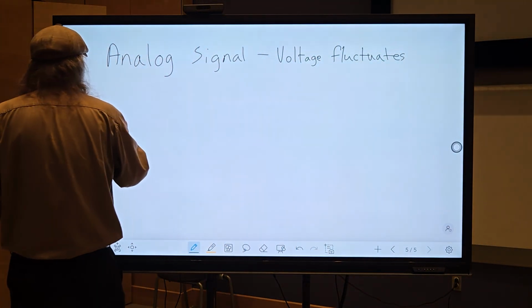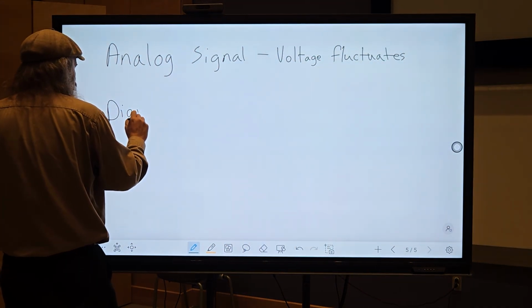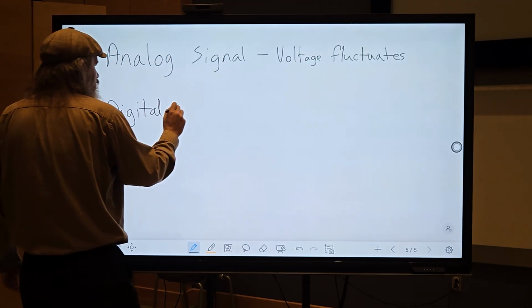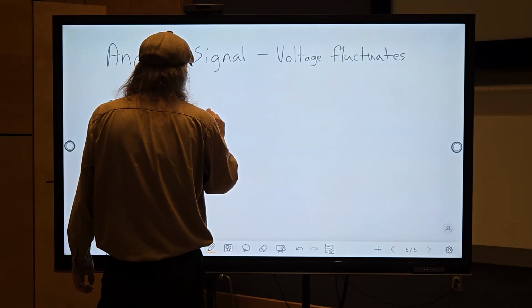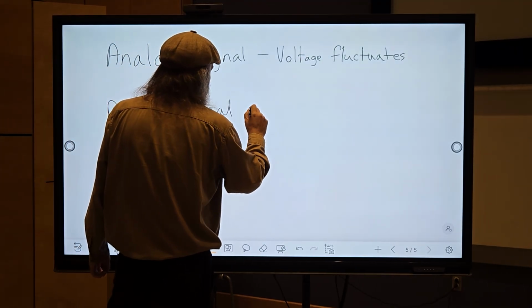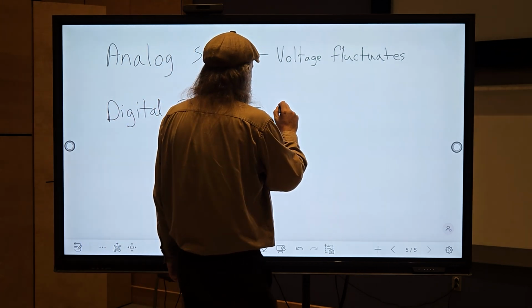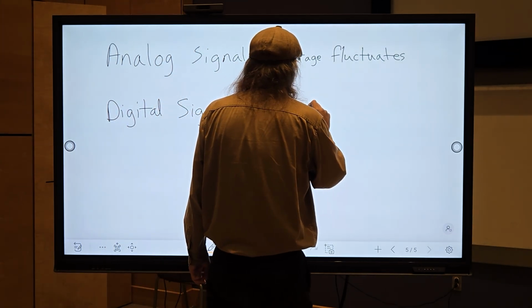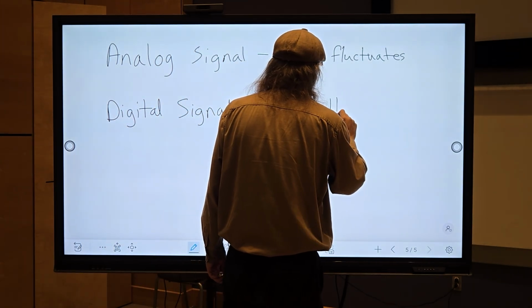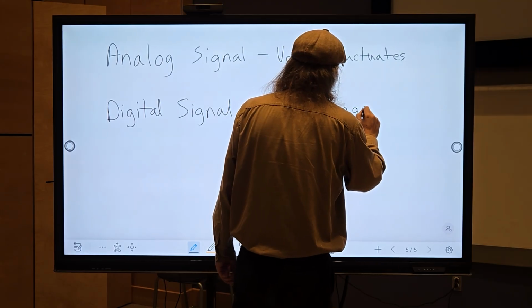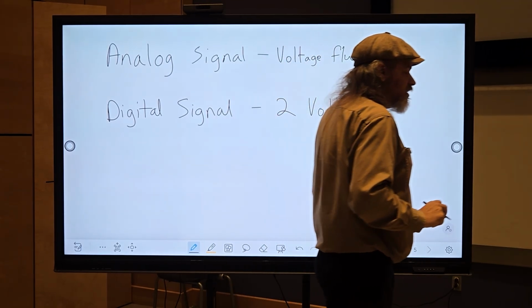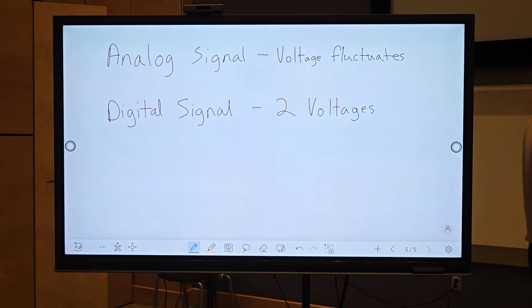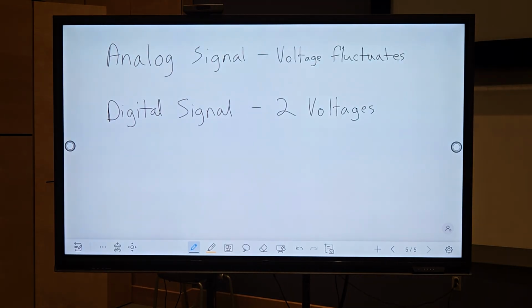Digital signals are only 2 voltages. High and low. Not on or off. Do not make that mistake.